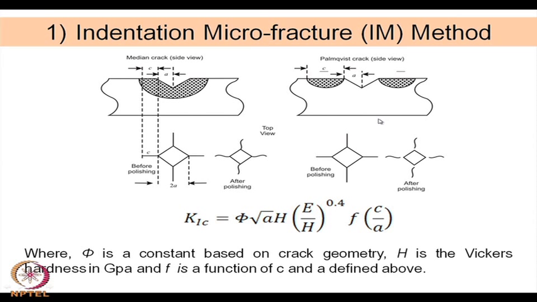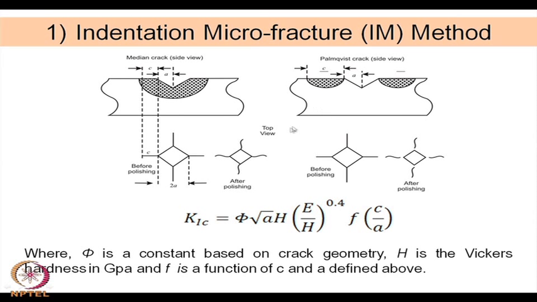Now, there are two situations here. This is the side view and this is the indent, the diamond indent which you have generated. Initially this was at low load, when the crack has been generated only on two surfaces.